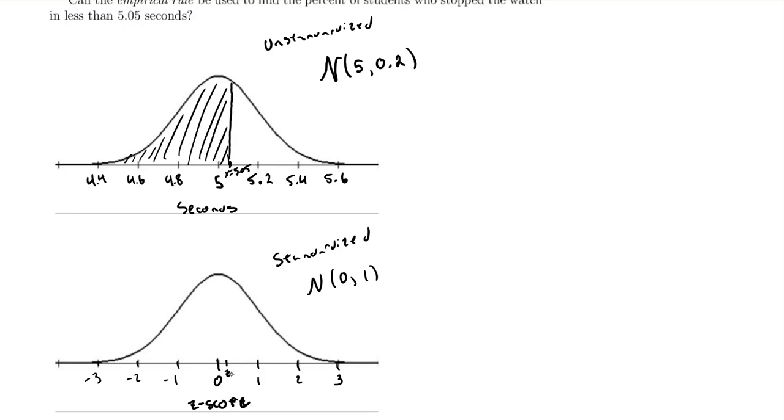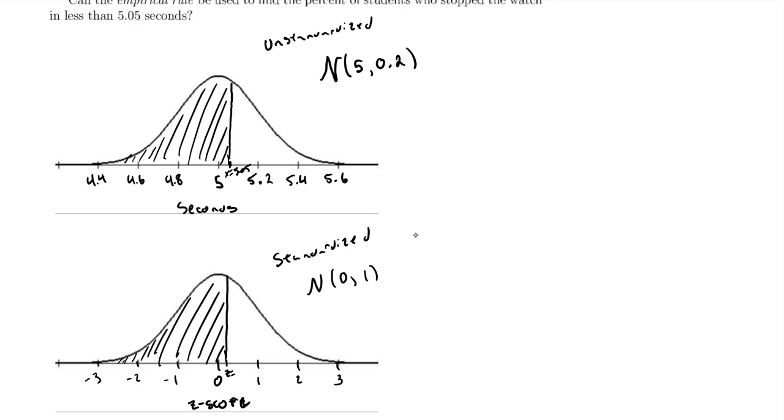Then the area to the left of 5.05 in my unstandardized distribution here is the same as the area to the left of my z-score in my standardized distribution down here. So I am going to find that z-score first.